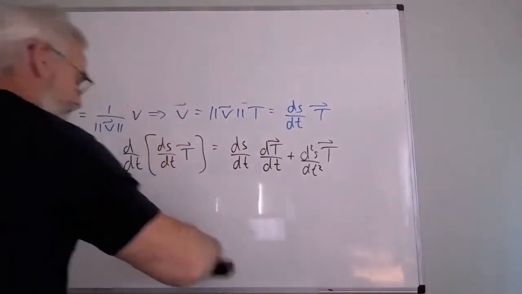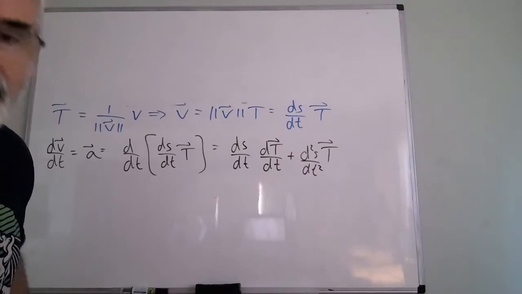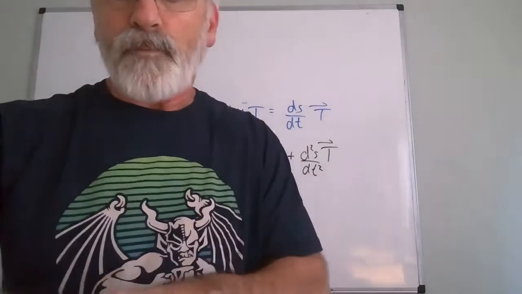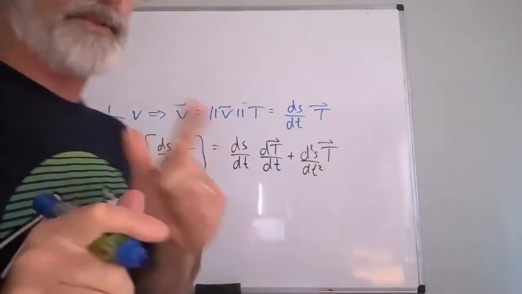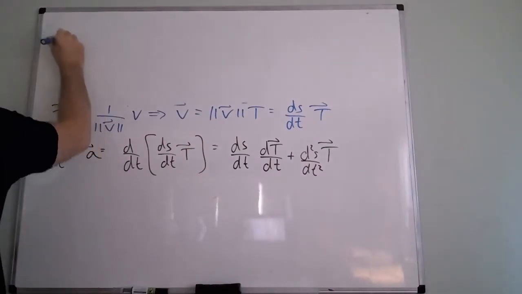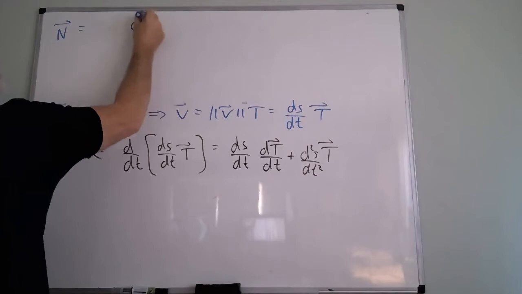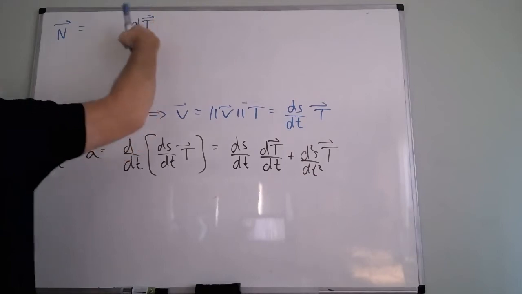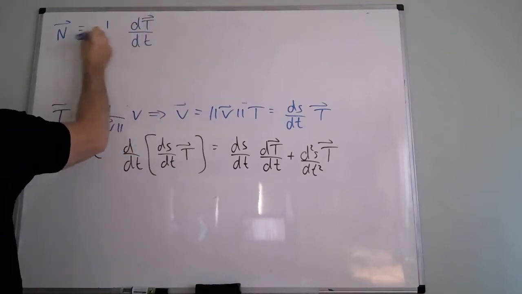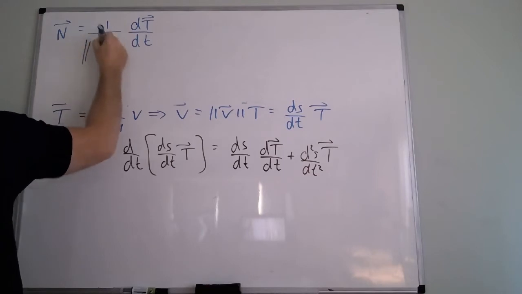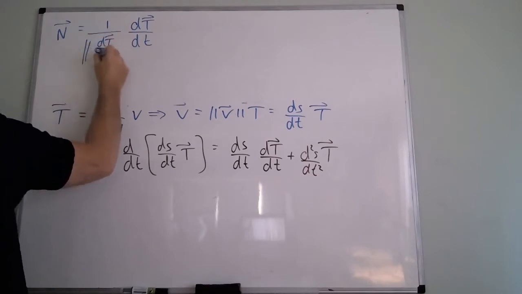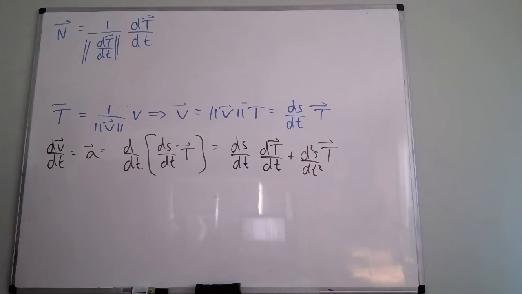Now let's remind ourselves of a couple of things that we explored last day. One of them is that we know that the unit normal was the unit vector in this direction. So it was 1 over its magnitude. Okay, we know that.